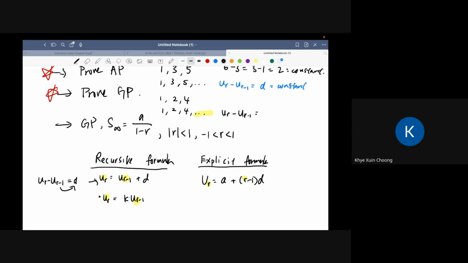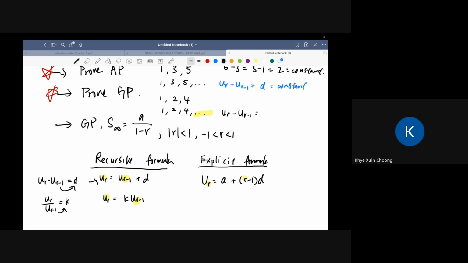Then for the geometric progression, if you notice that it is a geometric progression, it's actually very easy to write the recursive formula. You just use the property that U_r over U_(r-1) equals a constant. Then you multiply this to the back, and you will get this recursive formula. Okay, so it's actually quite straightforward.